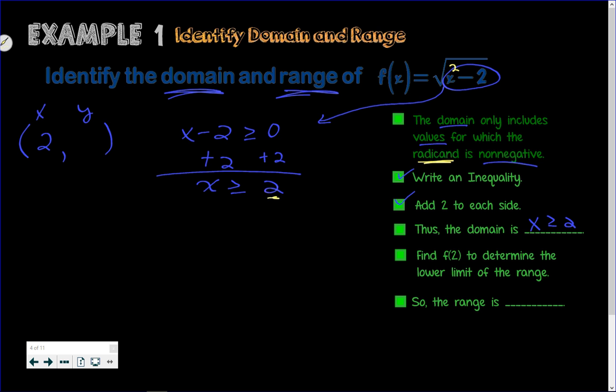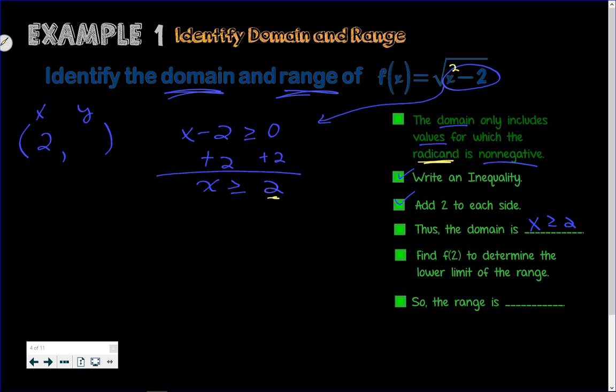Will 4 work? So on and so forth, right? Will 1 work? No, because it'll end up being a negative, which gives me an imaginary or a complex number. Do you see how that works? Okay, so it has to start with 2 and then go up. There was a little bit of confusion when we did inequalities last time. All right, but that's all you're doing. Does that make sense? Okay.